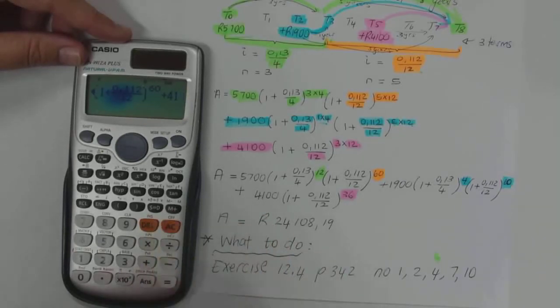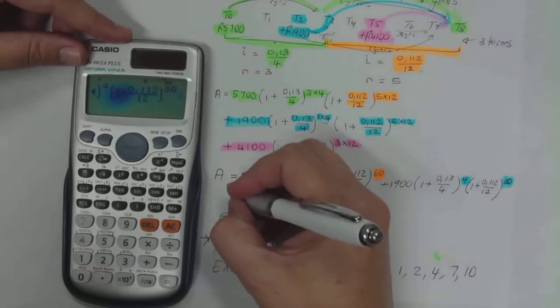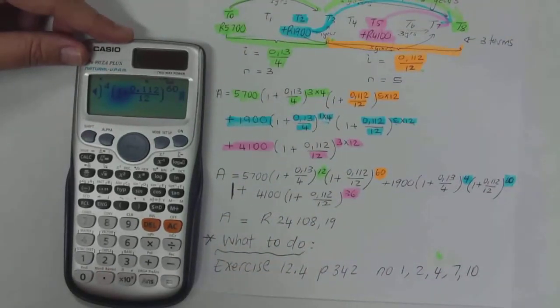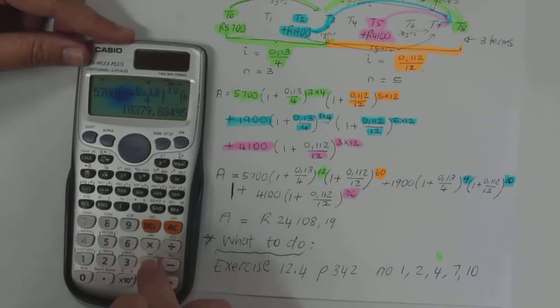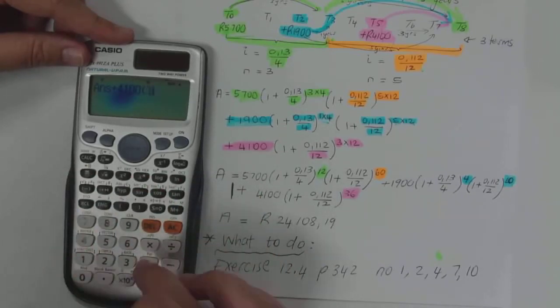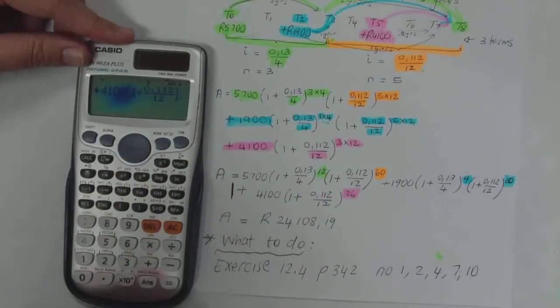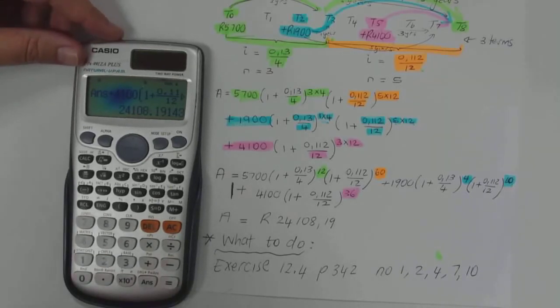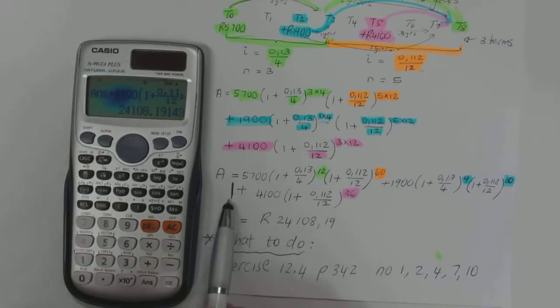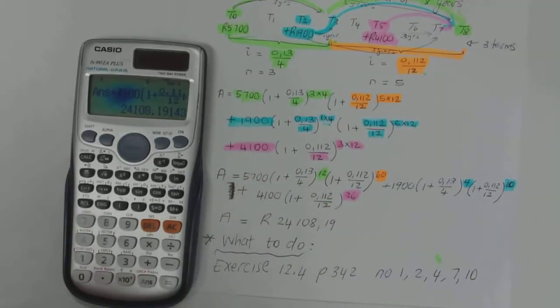Do not stress, because you can simply stop there, press equal, and I have to add 4,100 that was exposed to 11.2% on a monthly basis, and that happened for 36 months. Then I get 24,108.19.